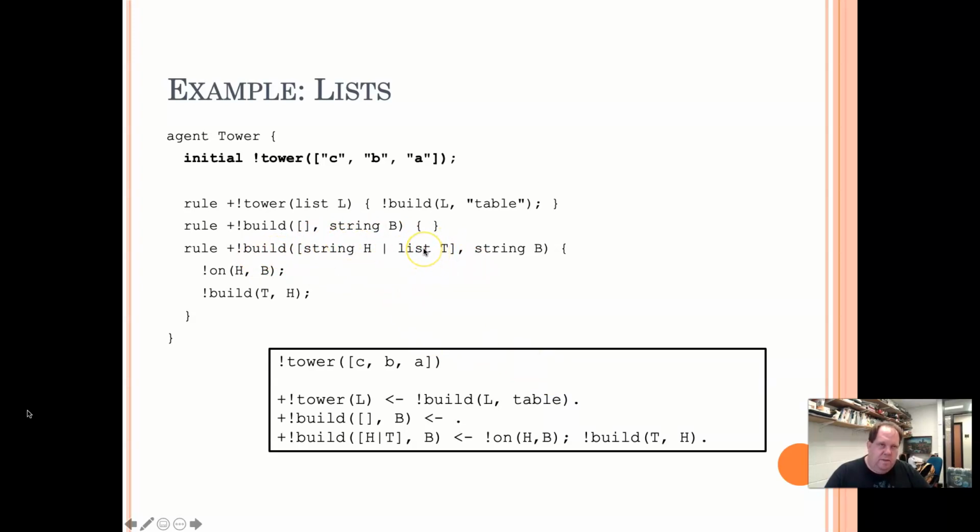Lists can be heterogeneous, so you can have integers and strings, but we're assuming it's a string. So we split the list into a head and a tail. You've got your base string B, put H on B, and recursively call the build subgoal with the tail and H. We'll keep calling these and keep posting this, and we'll build the tower incrementally.